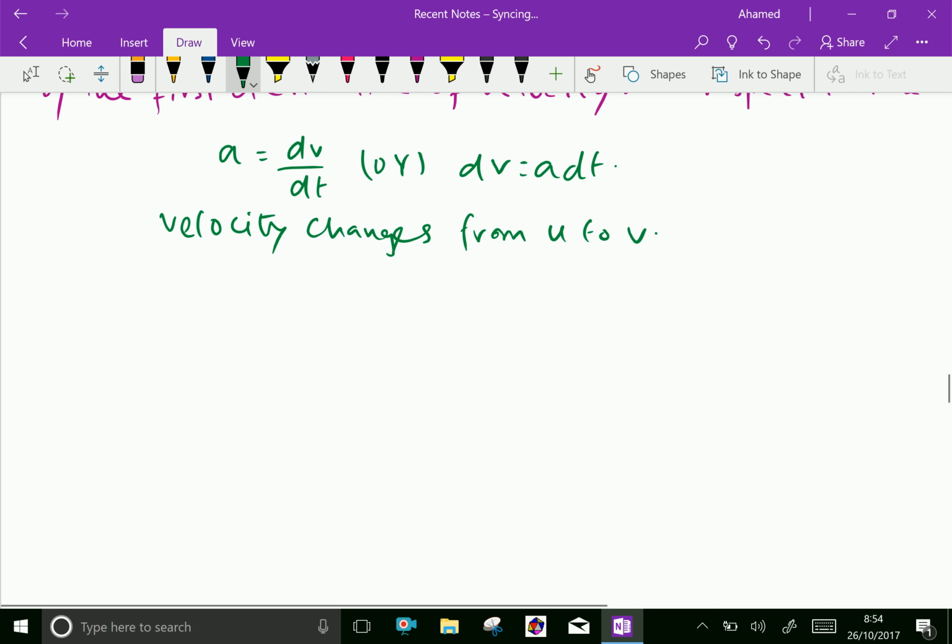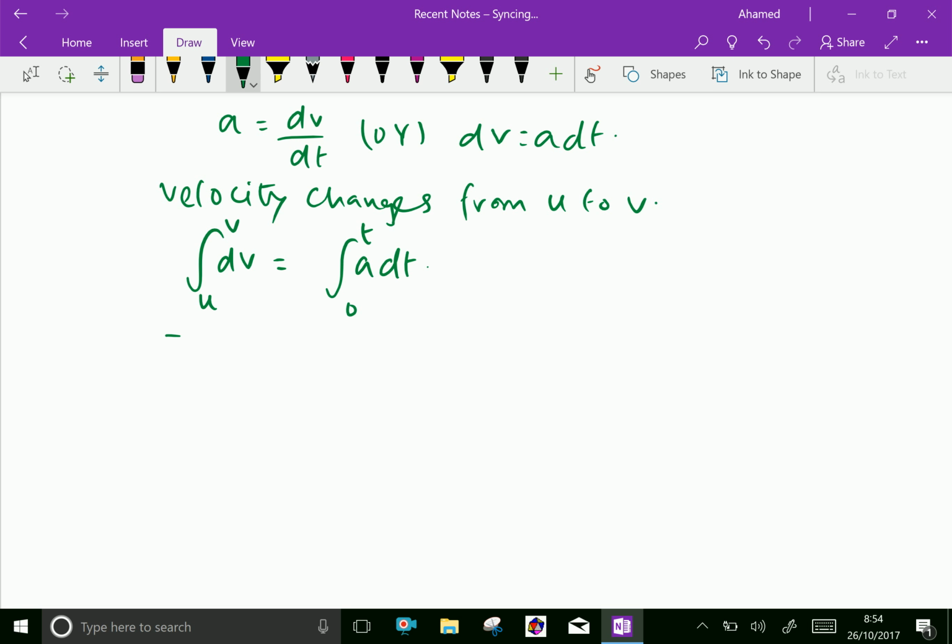Now integration of dv with respect to the conditions of initial velocity u and final velocity v equals the integral of a dt with the time from 0 to t, which gives v minus u. The integral of dv with limits u and v is v minus u.